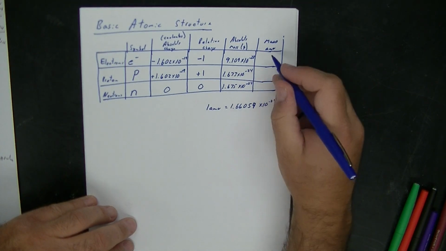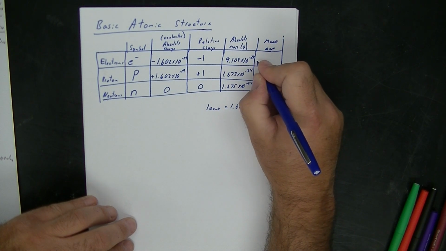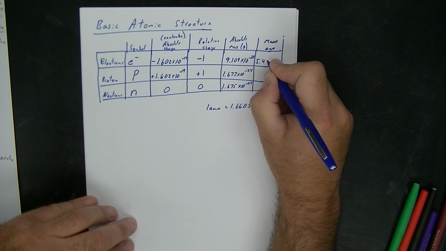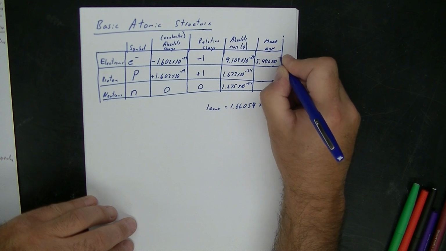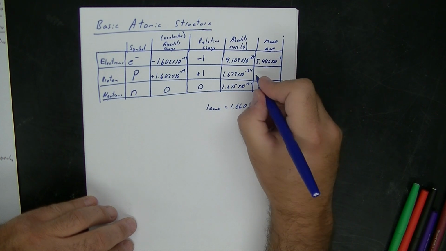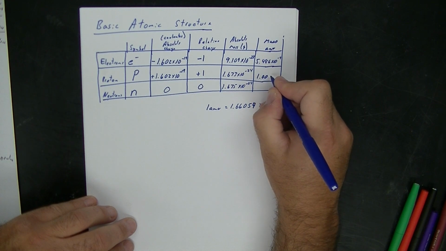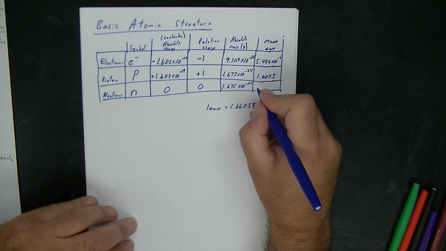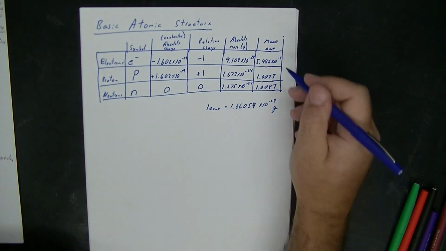Right. So now, if we were to do these conversions, an electron has a mass in AMUs of 5.486 times 10 to the negative 4th. Proton has 1.0073, and a neutron is 1.0087. And those are in AMUs.